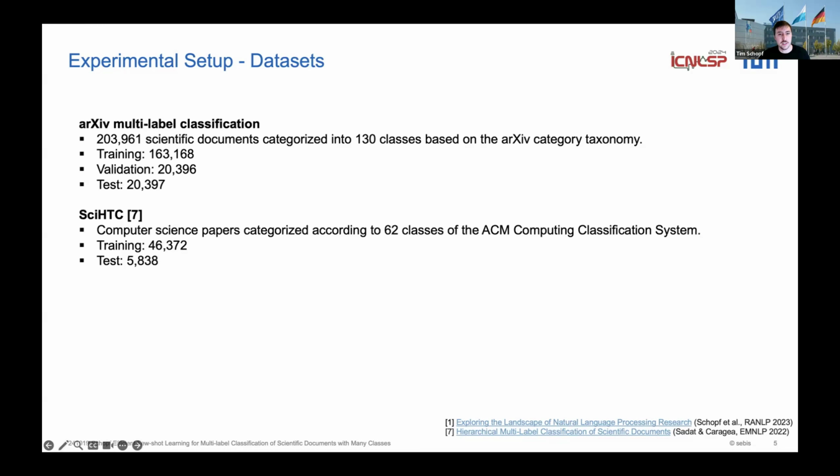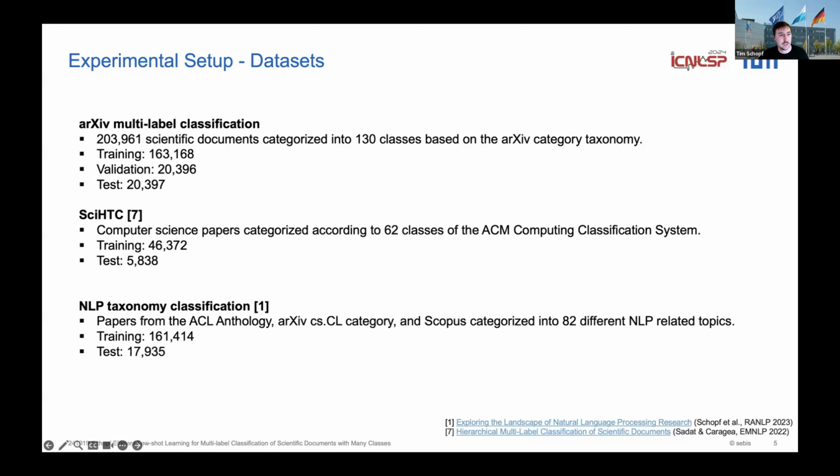The second dataset is SciHTC, which consists of computer science papers categorized in 62 different classes. And the third dataset is an NLP taxonomy classification dataset consisting of NLP-related papers with 82 different classes.